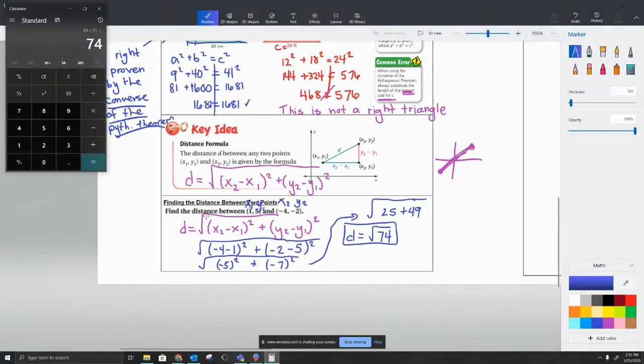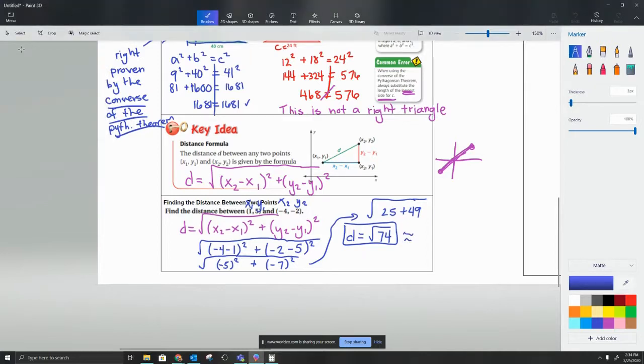Now, sometimes they'll ask you to estimate this to like the nearest tenth. So you could go over to your calculator, type in the square root, and it's going to tell you about how far away that is. And notice this is an irrational number. It's a decimal that never ends and never repeats. So if they want me to round it to the nearest tenth, I could say that's approximately 8.6, whatever, feet, inches.